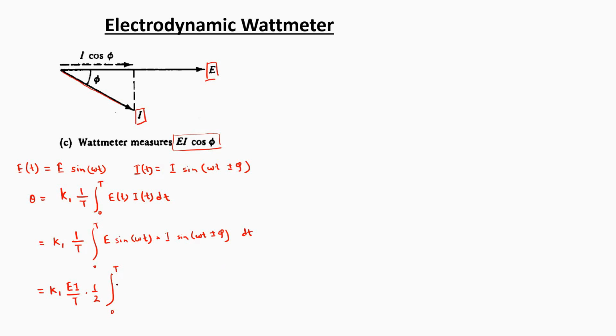Now if we apply the rule of twice sin A sin B, we can rewrite sin(omega t) into sin(omega t plus or minus phi) as cos phi minus cos(2 omega t plus phi).